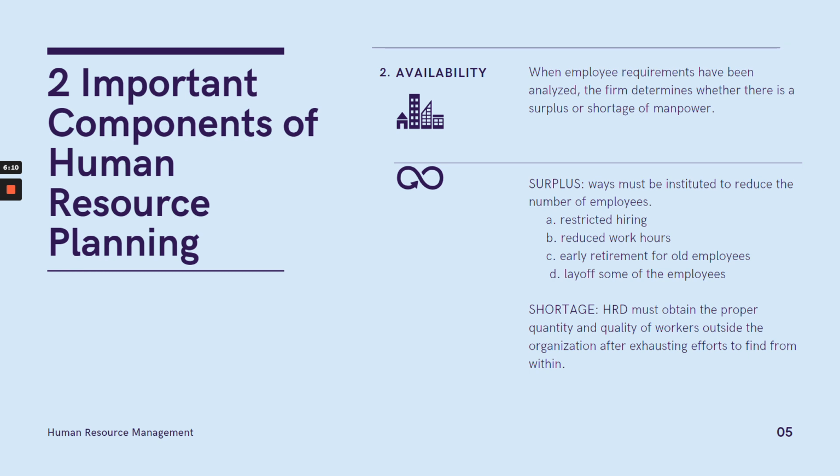That is when you are going to hire somebody else, because you have a shortage, your people are lacking. So those are the two components. Number one is the requirement. Two is the availability. In the requirement, you have to look at external and internal sources. For availability, you have to look at whether there is a surplus or a shortage in your employees.